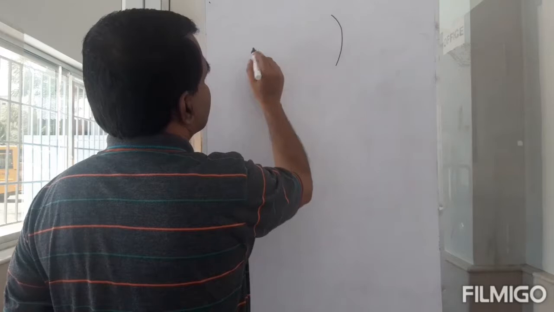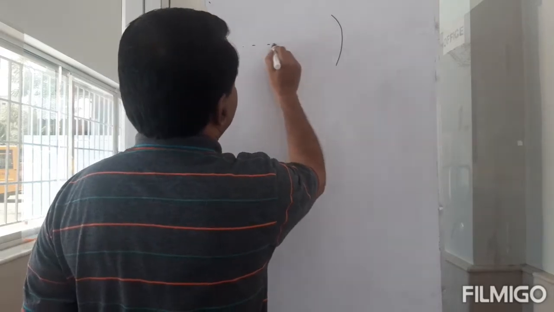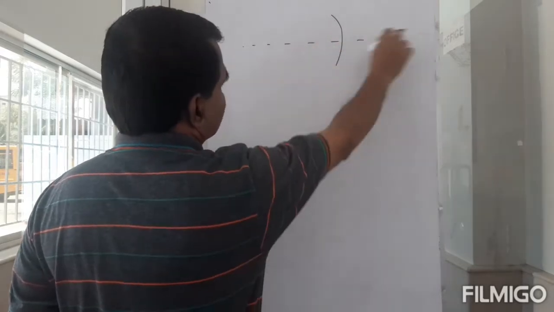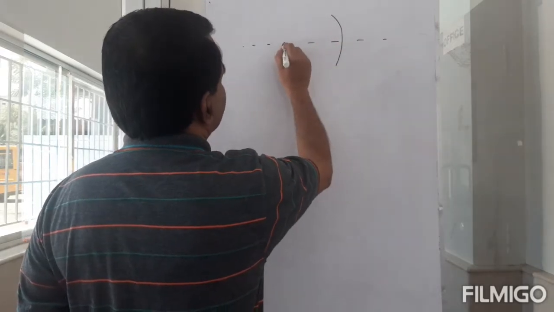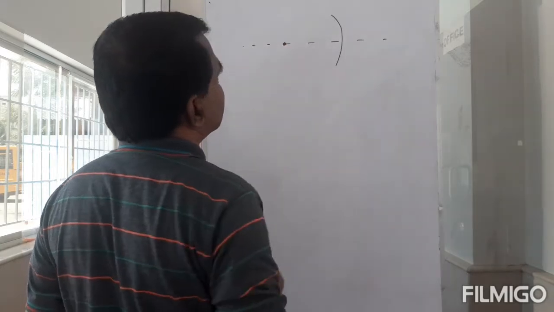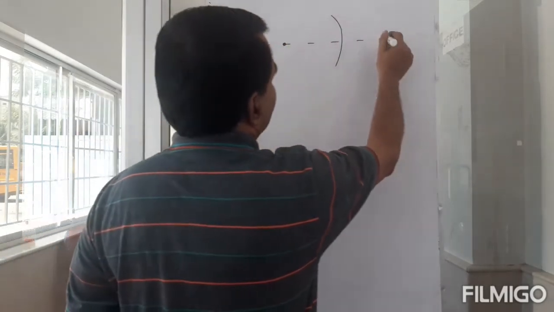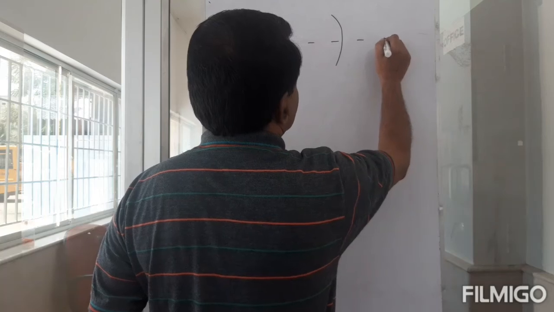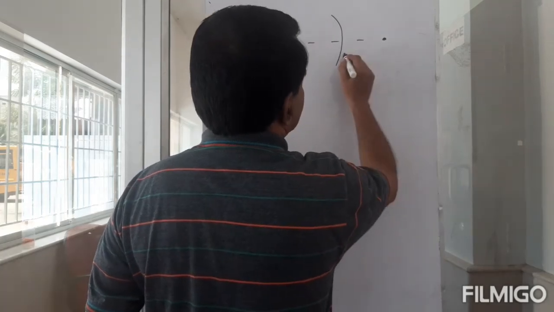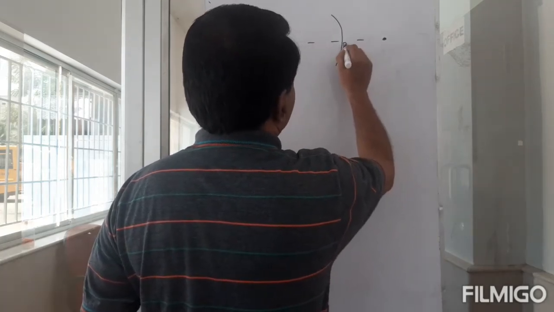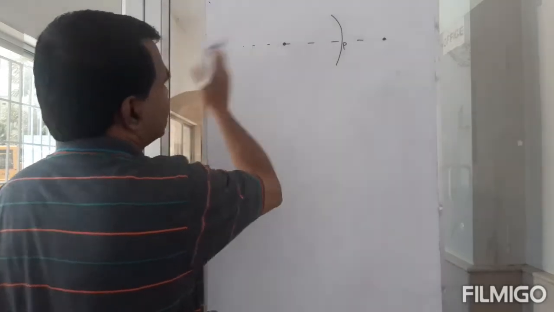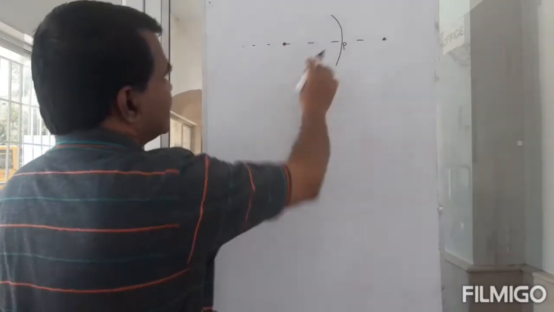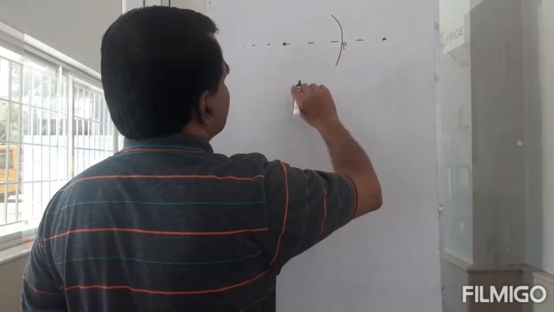There is a concave spherical mirror, and then you have the principal axis of the mirror. Then I have the point source here, and the point source makes an object here, and the image here on the other side. This is the pole, and this is the principal axis.